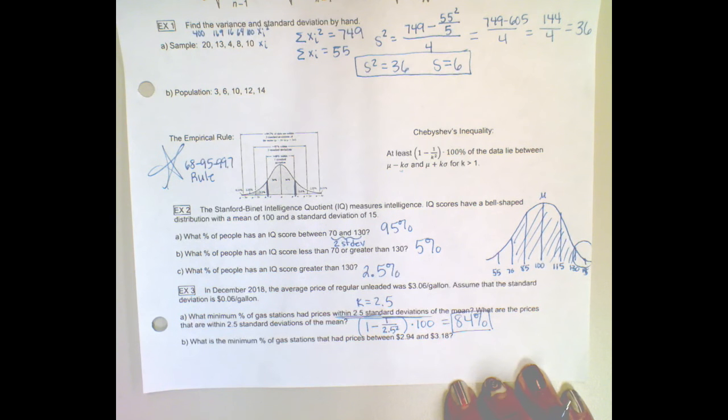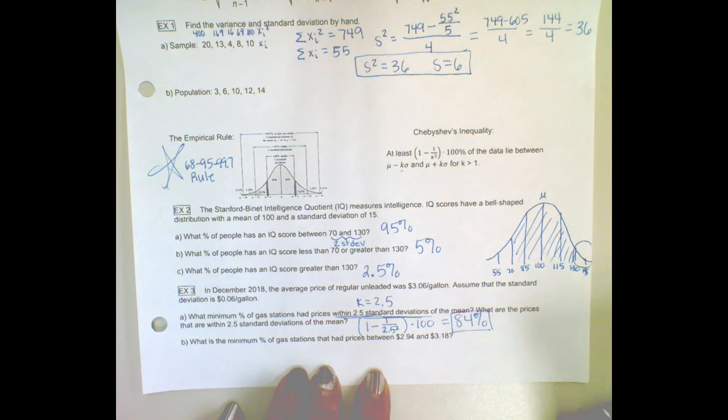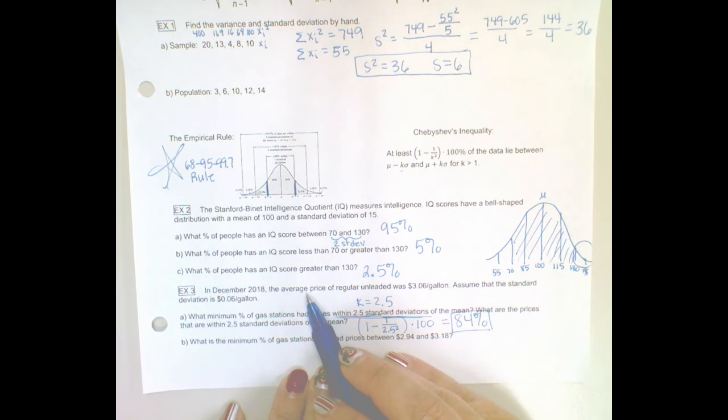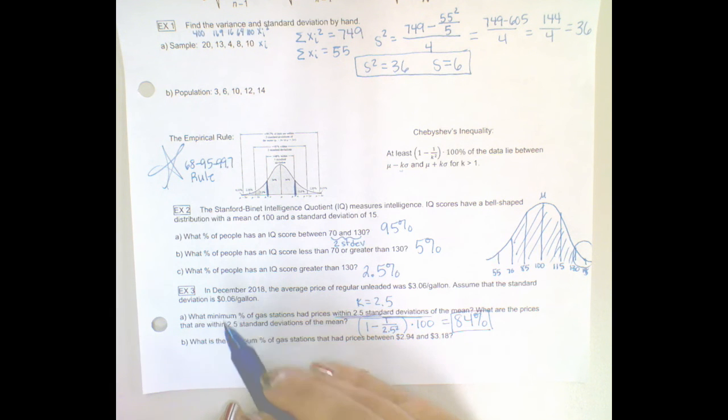Now it asks a follow-up question. What are the prices that are within 2.5 standard deviations of the mean? So for the prices that are within 2.5 standard deviations, you have to actually use the average. Now, I hate the word average, but they use it sometimes. That's supposed to be the mean. The standard deviation is 0.06.